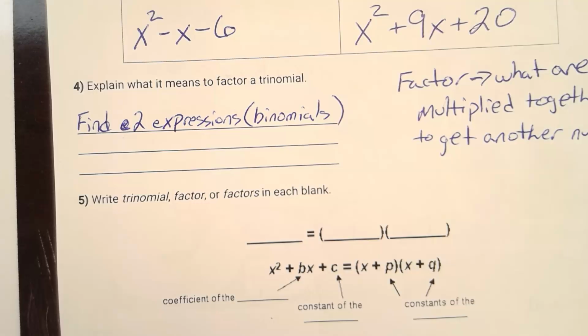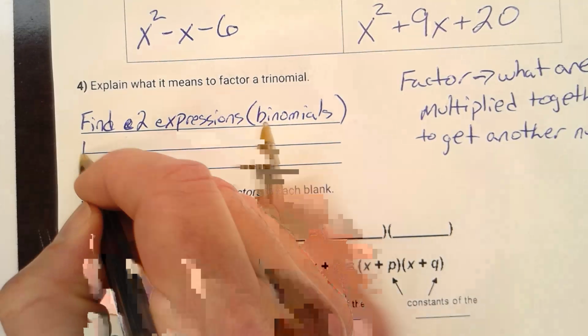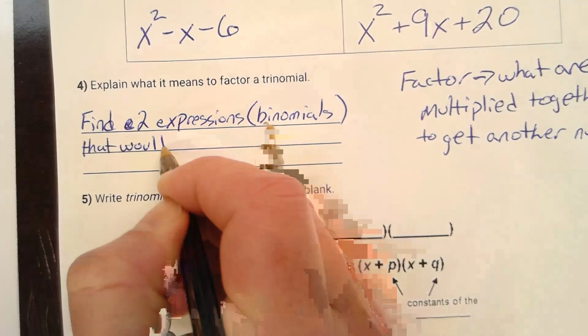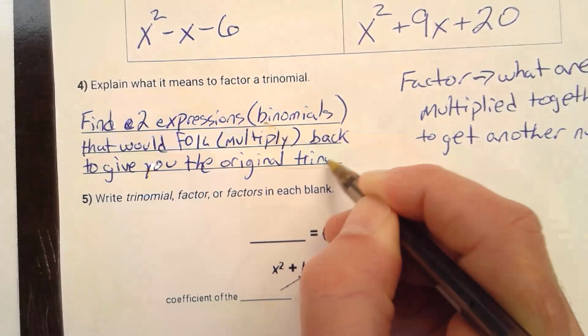Yeah, that's pretty good, right? Find 2 expressions or binomials that would FOIL, and then I'll say, multiply back to give you the original trinomial.